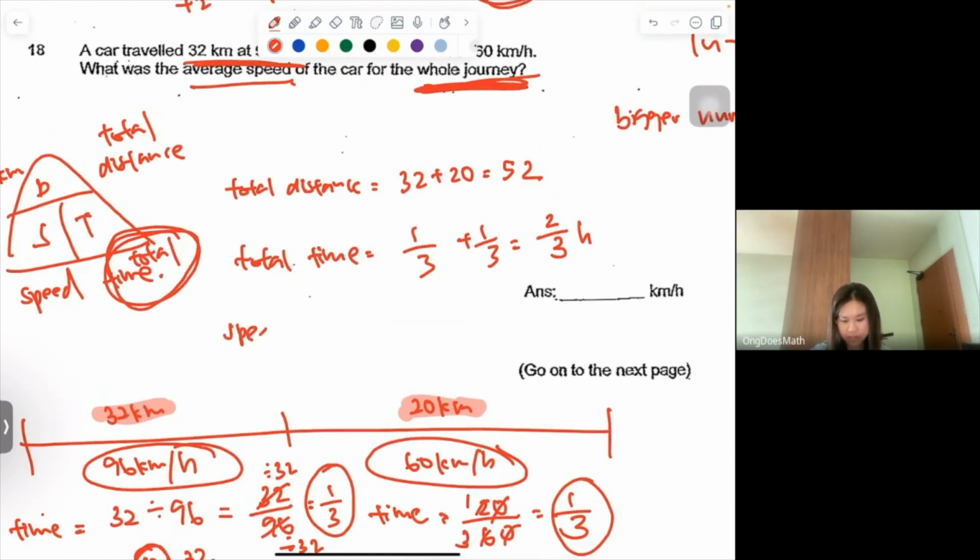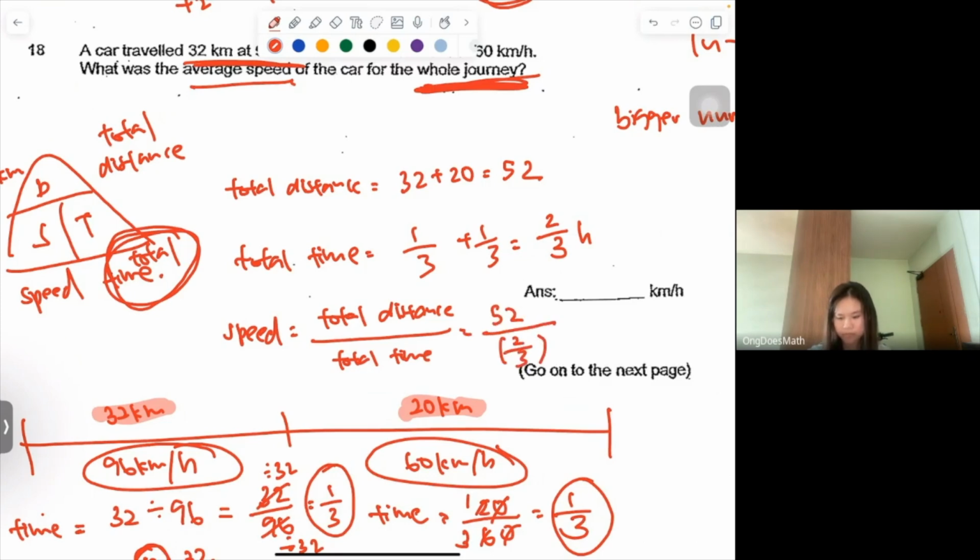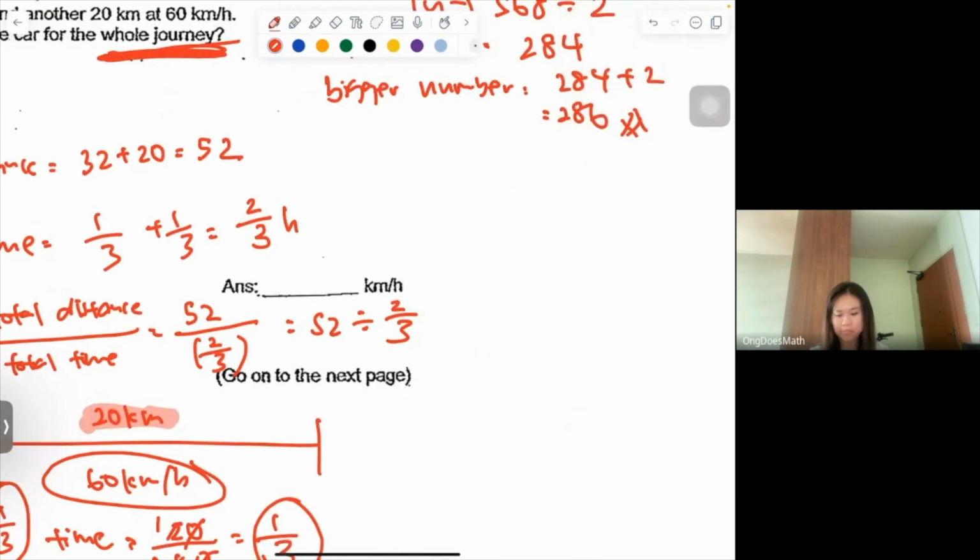So now you can find the average speed for the whole journey. The speed is just the total distance divided by total time. Total distance traveled was 52. Total time taken was 2/3. So it's 52 divided by 2/3. For division of fractions, remember your acronym: keep, change, flip. Keep the 52. Change the sign to times.